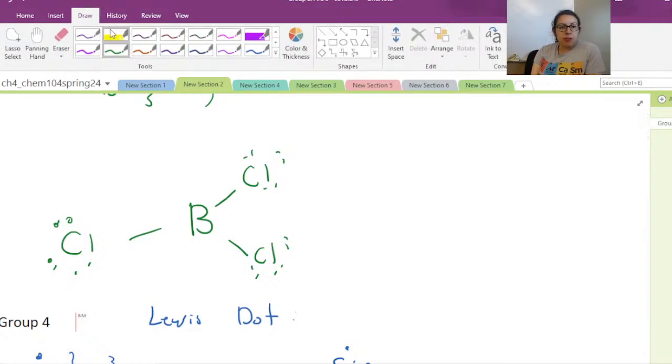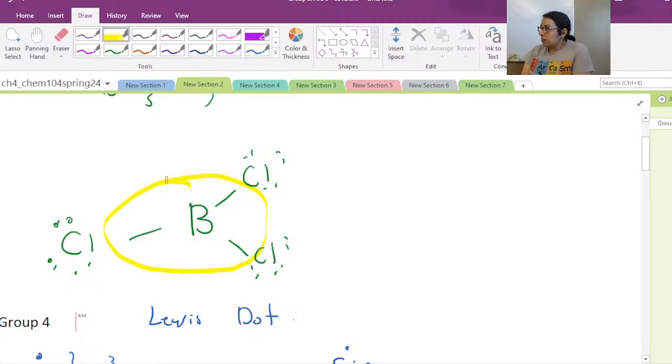Remember, this goes back to what I was saying: there's no wrong structure necessarily, but we need to figure out how to analyze them. If we look at how many electrons our boron feels, how many electrons is this? Well, 3 bonding pairs, right? But then how many total? So 6, and this is weird.